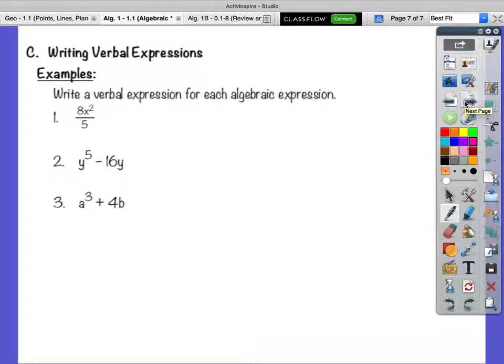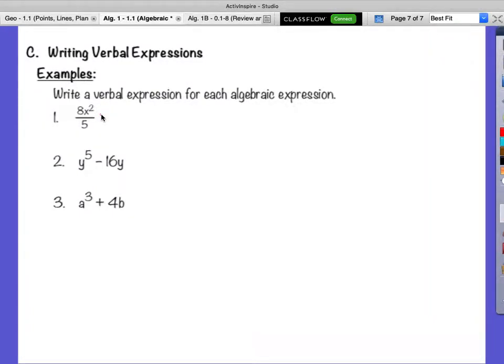Instead of saying 8x squared, what could we say for that top part? I like divided by, what was that? Okay, 8 and what operation are we doing there with x? Okay, we're squaring x. The product of, or 8 times.